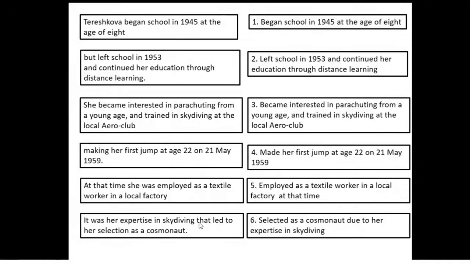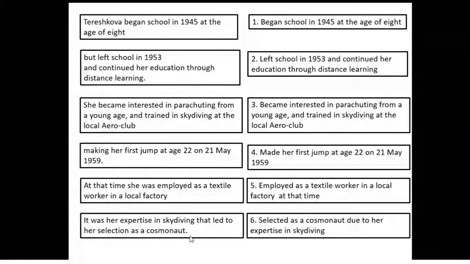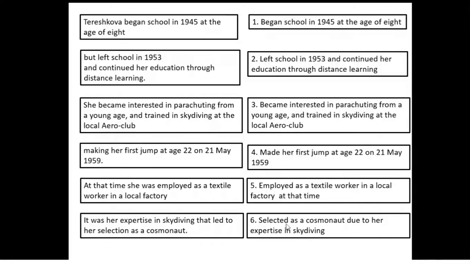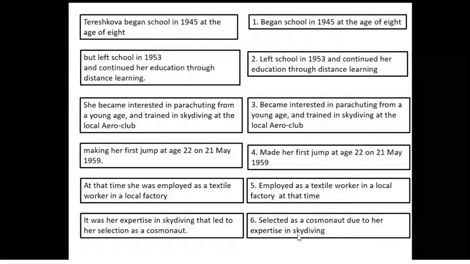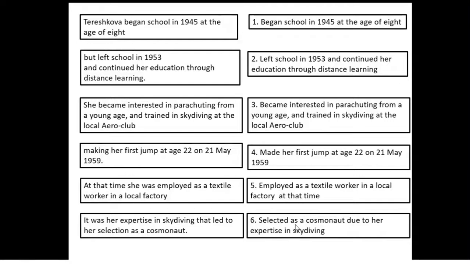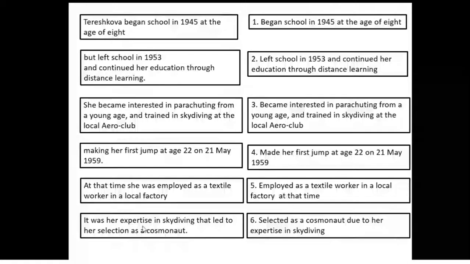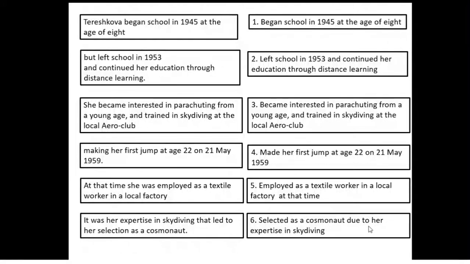Actually the sentence here shows the meaning that is same as we have written in this point. She was selected as a cosmonaut, and why? The reason is her expertise. So we have written the short note in this way: selected as a cosmonaut due to or for her expertise in skydiving. So my dear students, you can process the short notes in this way.